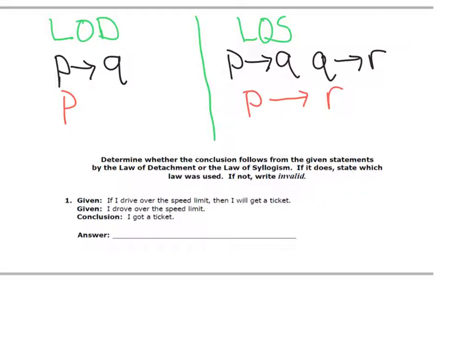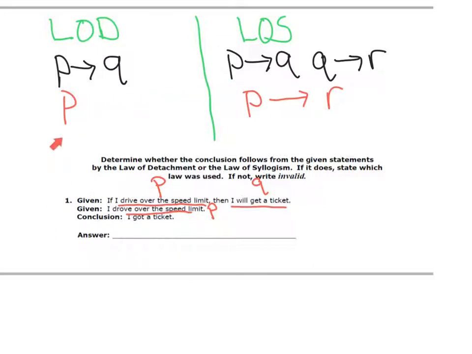We have to mark up these statements. So here we have I drive over the speed limit, P. I will get a ticket, Q. Drove over the speed limit, P. So what does it look like we have between the law of detachment and the law of syllogism?